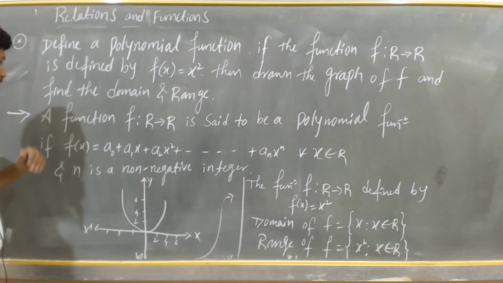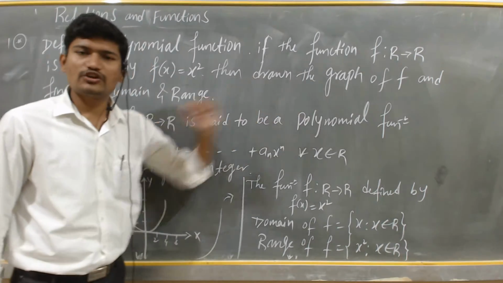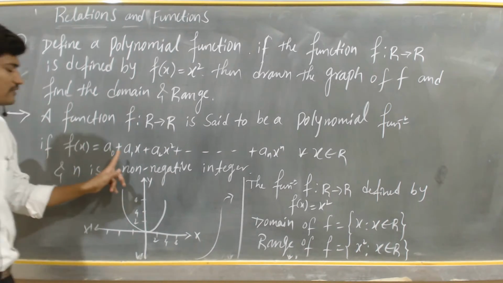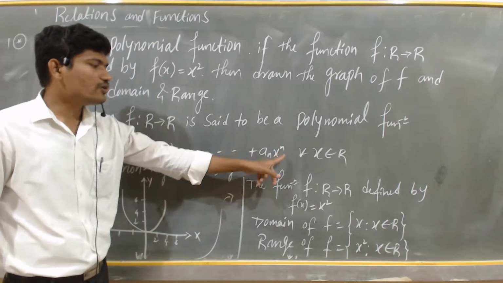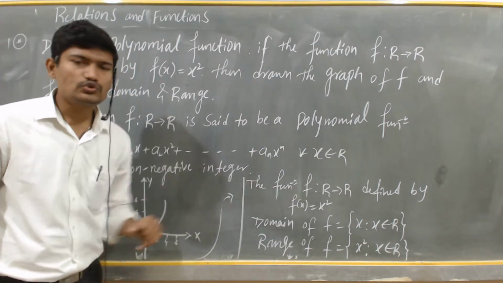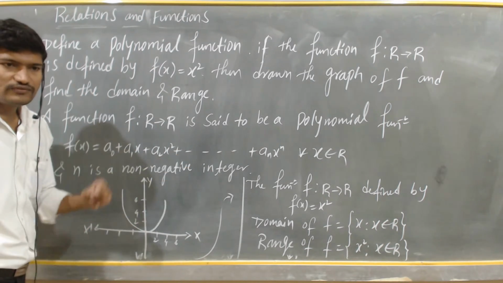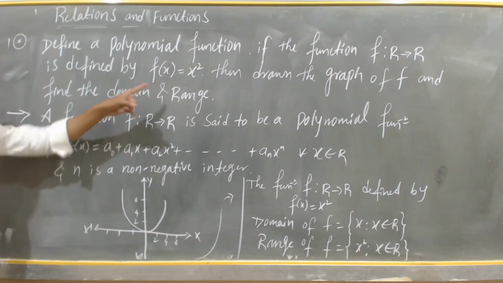Now let us say the function f from R tends to R is said to be a polynomial function if f of x equal to a0 plus a1x plus a2x square plus dash dash dash plus an x to the power of n for all x belongs to capital R, and n is a non-negative integer.